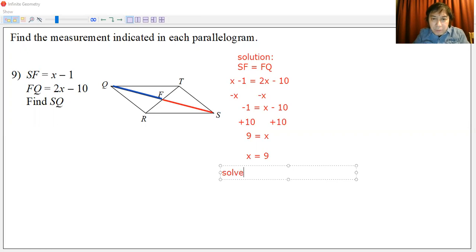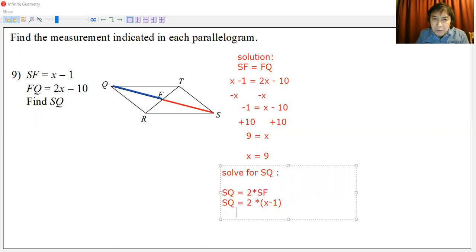Solve for SQ, and SQ is equal to 2 times SF. Our SF is x minus 1.